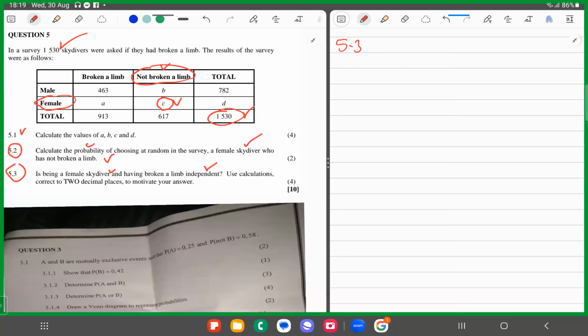Right. So we have the probability of female and broken a limb.